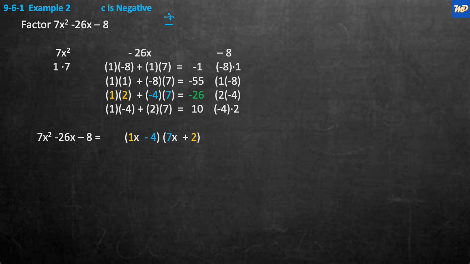Since we're looking for a negative 26 here, that means the term that needs to be the largest is the negative term. This is going to be the largest term right here, the negative term. So now you can see the factors. Okay, I'll show you when we get there.